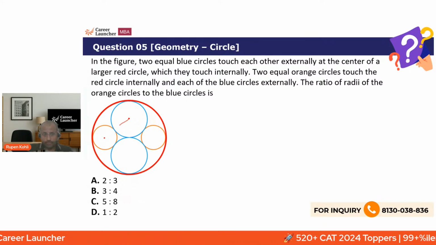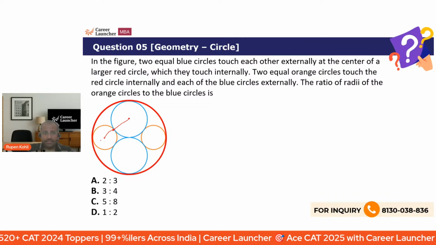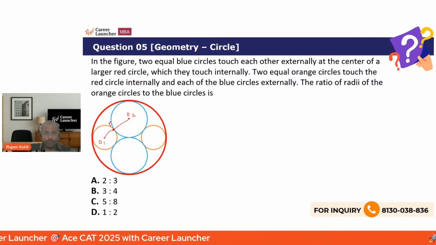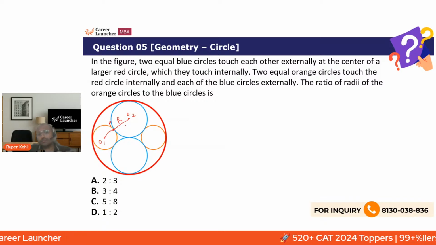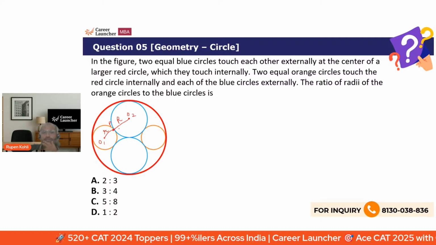So if I join this line, it is going to pass through this point of contact. Let's say this center is O1 and this center is O2, and P is the point of contact. O2P is, let's say, capital R, the radius of the larger blue circle, and O1P is small r, the radius of the orange circle.